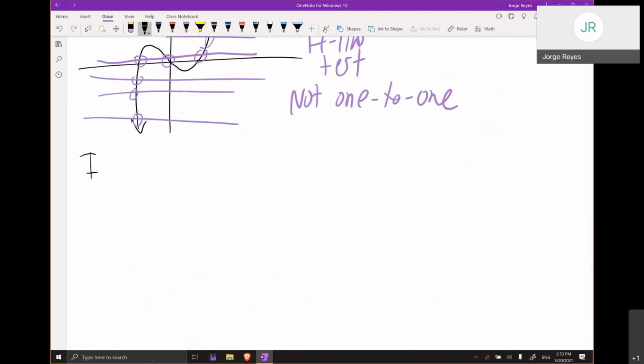Okay, so why am I talking about 1-to-1 functions? Really, it's because we want to talk about inverses, or when are functions invertible?